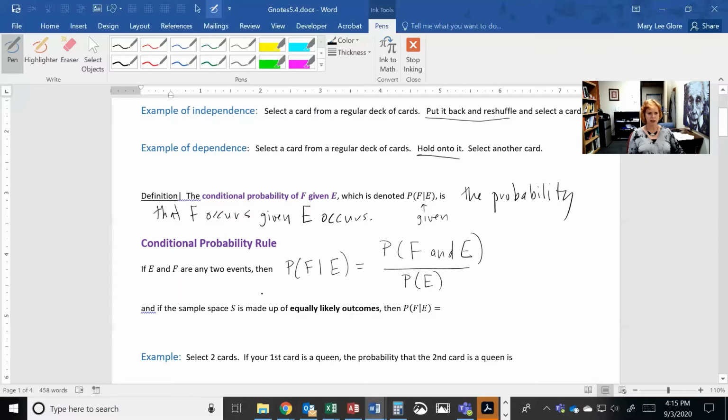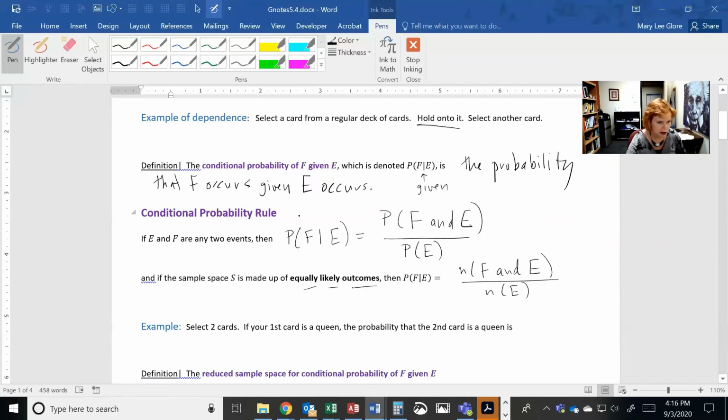What does that look like when I have equally likely outcomes? I got my 51 cards that are left. This is going to be the number of cards that are both in F and E divided by the number that are in E. So I count the number of both over the number in E.